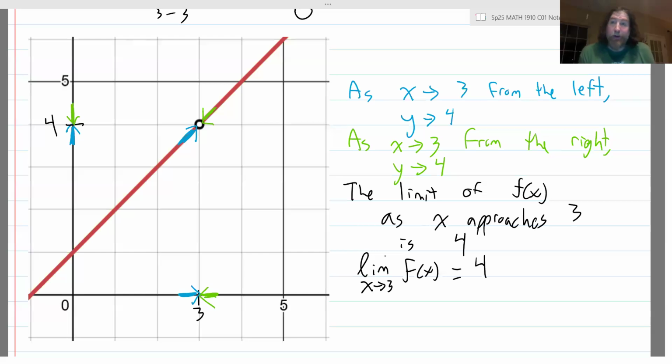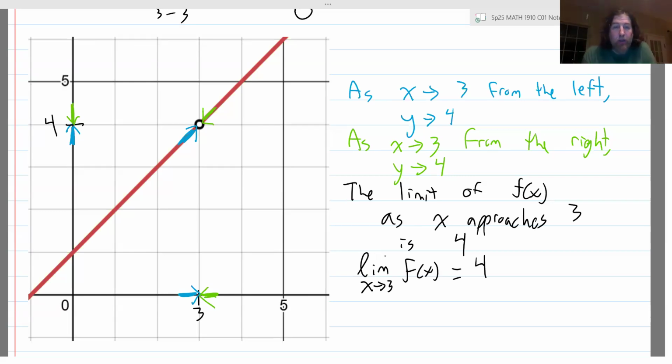And again, going back to my earlier informal definition of limits, what this is saying is that as x gets closer and closer to 3, the y values, or the outputs of the function, get closer and closer to 4. Now, of course, we can see from this graph, since it has a hole there, the function never gets to a y-coordinate of 4.